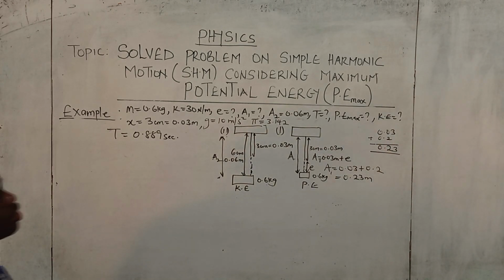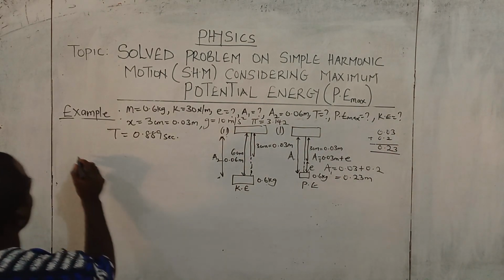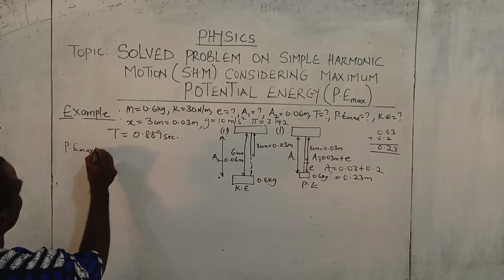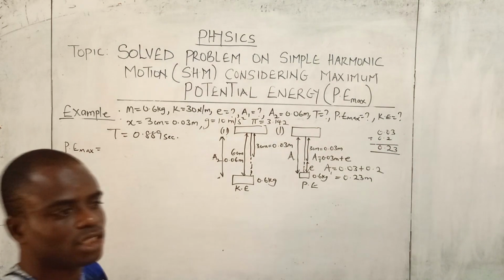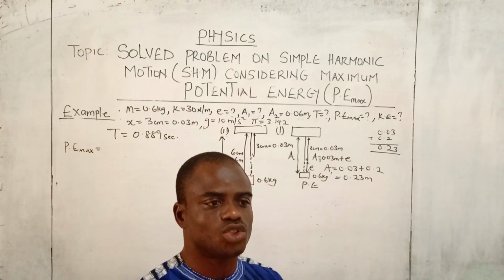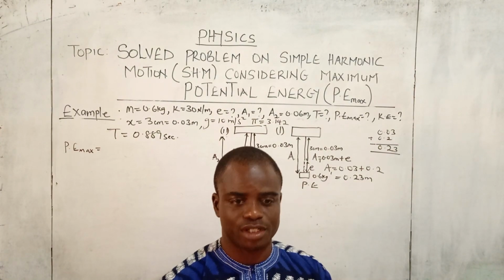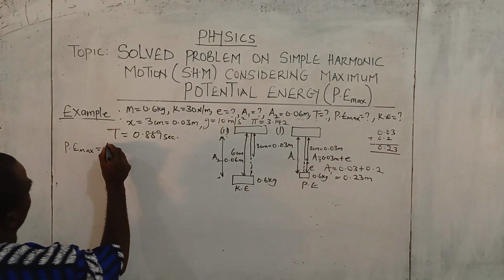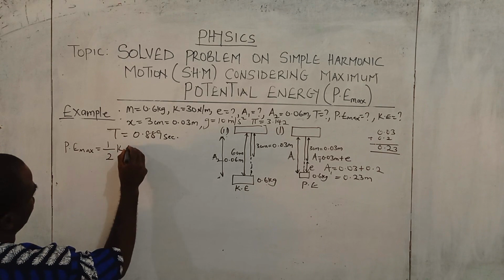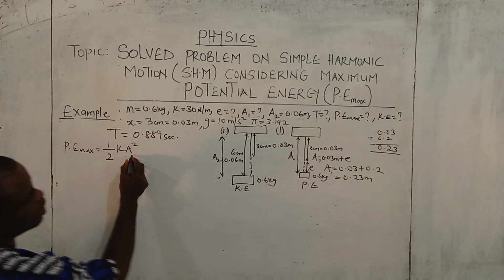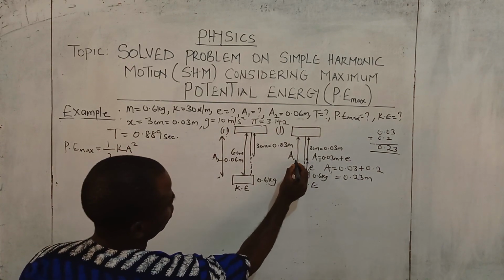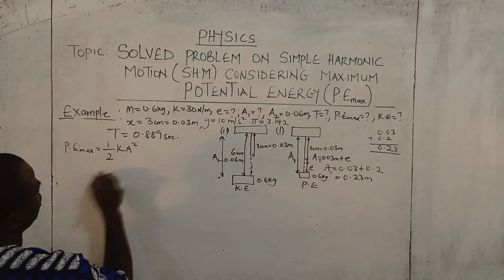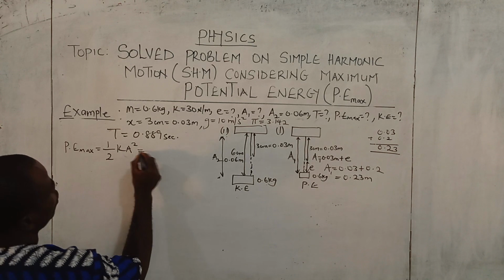The next question is potential energy. The maximum potential energy. I told you when you are solving for maximum potential energy or maximum kinetic energy, you are automatically equating it to the total energy stored in the spring, which is half k a squared. Now we are using the amplitude A1 that we got, which is 0.23. What's our k?